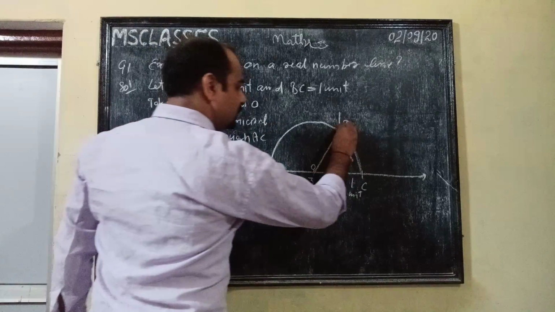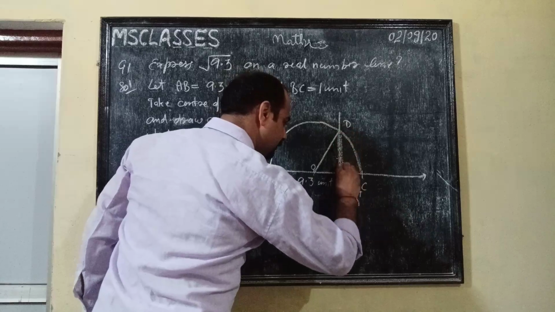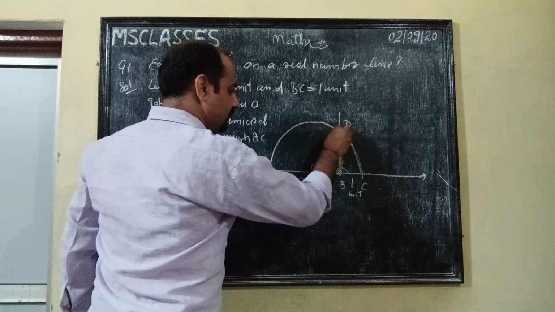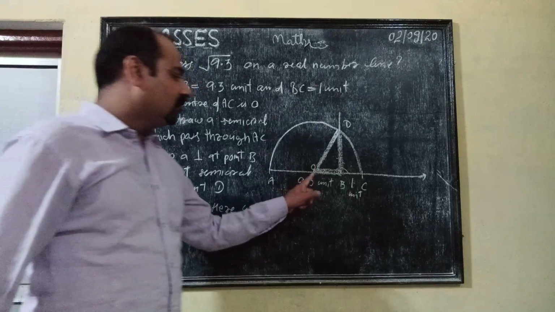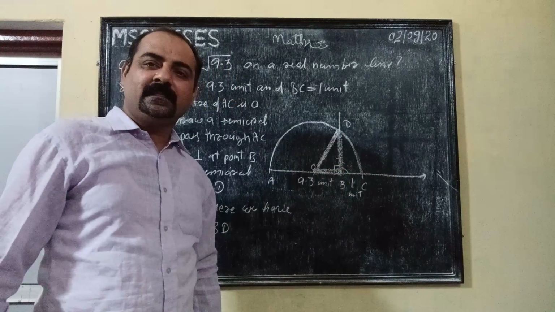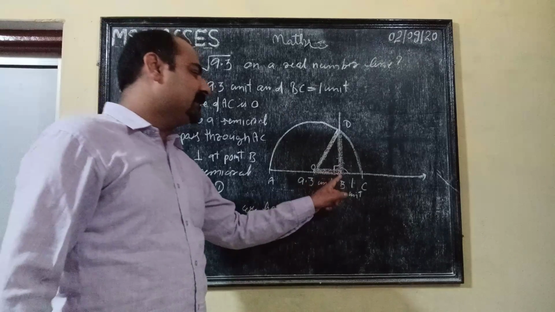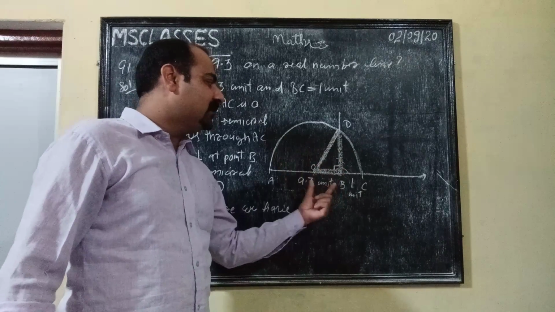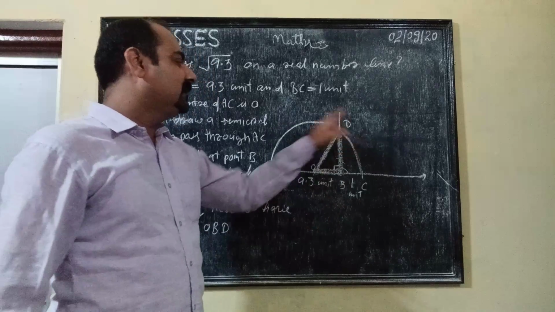Now guys, this is your triangle OBD, and this one is right angle triangle. So guys, you have to apply the Pythagoras theorem on this triangle to calculate the BD.